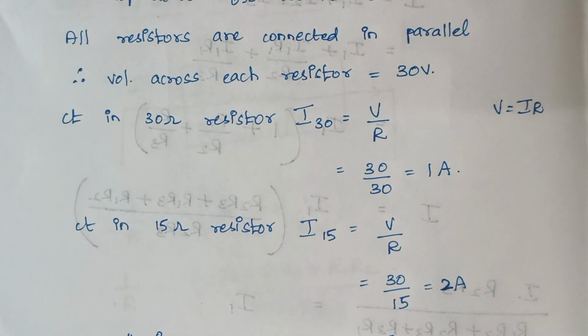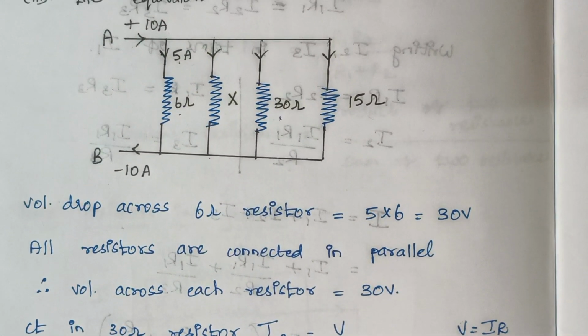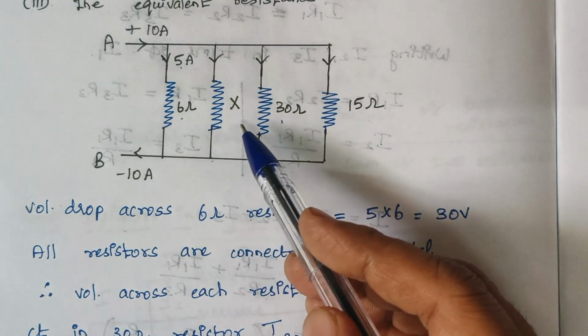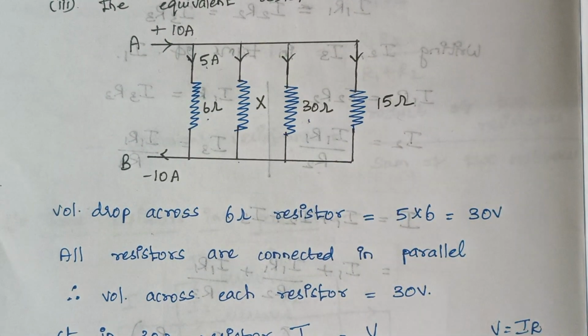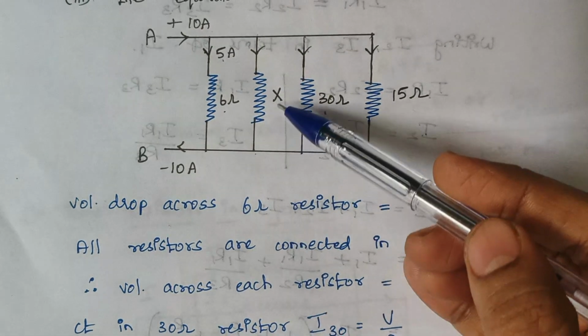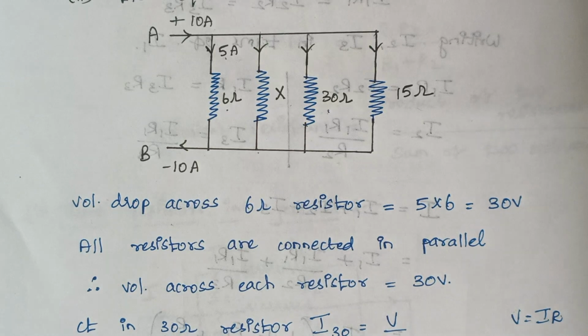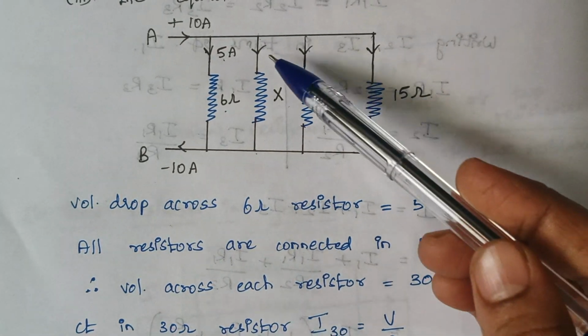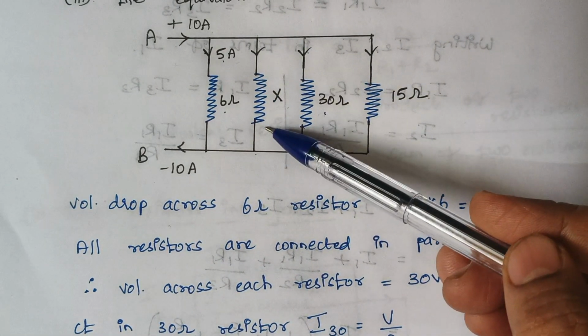Right. Now we need to calculate the current flowing through this X ohm resistor. But here we don't know the value of X either. That is, the resistance value is also unknown. So first we are calculating the current which flows through this resistor.